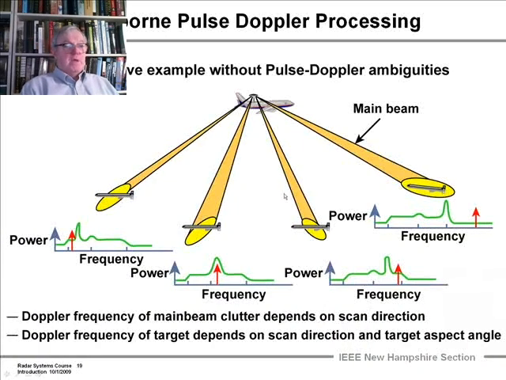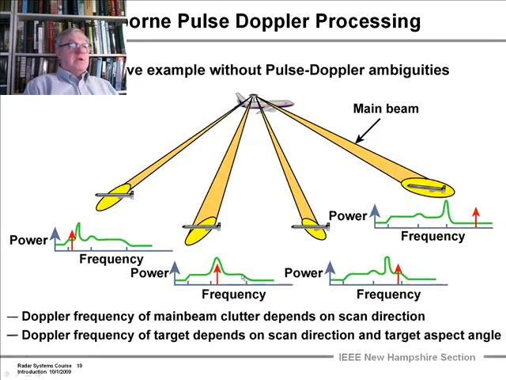Here, at another angle, the relative Doppler of the clutter has changed. You notice the clutter has spread and has moved in frequency. Here, the same target is tangential, and the clutter has spread a lot and it's embedded in the clutter from the main beam of the radar.